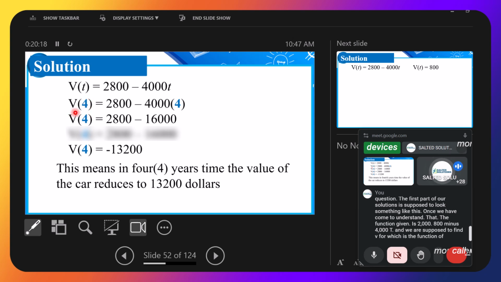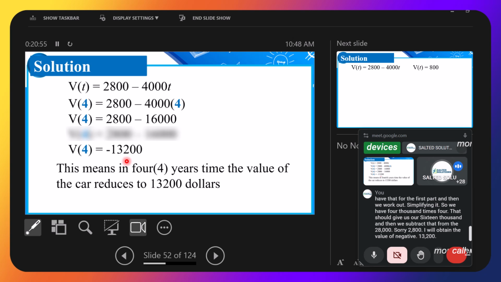So when t is equal to 4, we substitute that into our function. Wherever we see t, we are putting 4 there. So we have that for the first part, and then we work out simplifying it. So we have 4,000 times 4. That should give us our 16,000. And then we subtract that from the 2,800, and we obtain the value of negative 13,200.